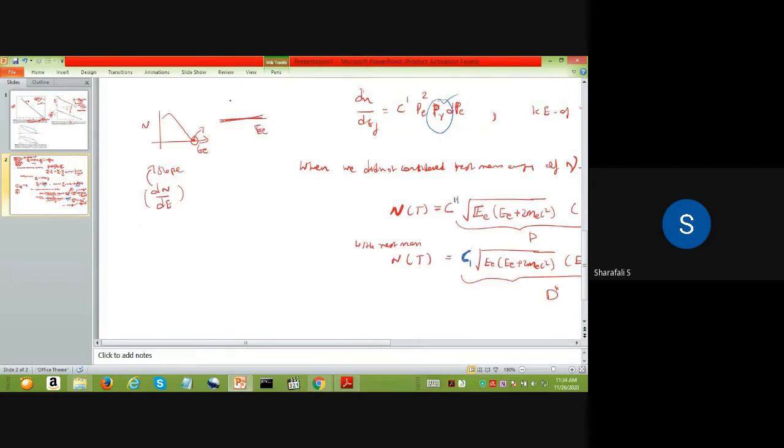When dn by dE is equal to 0, the curve is coming and going like this. I will use some different color. At the end it is going exactly parallel to this E axis, which means it is almost ending like this. That's why dn by dE becomes 0.